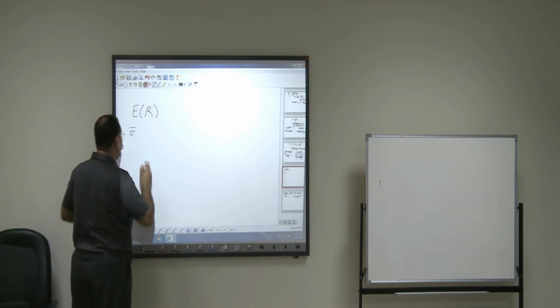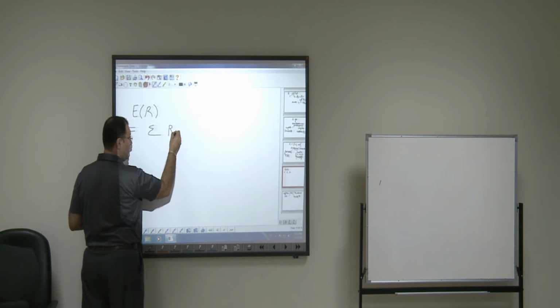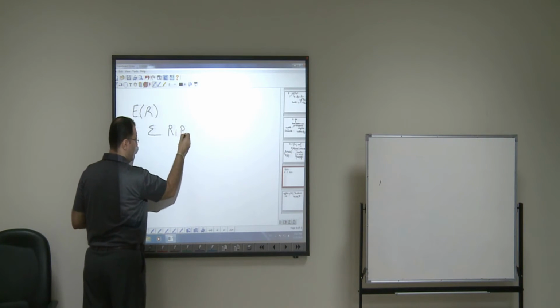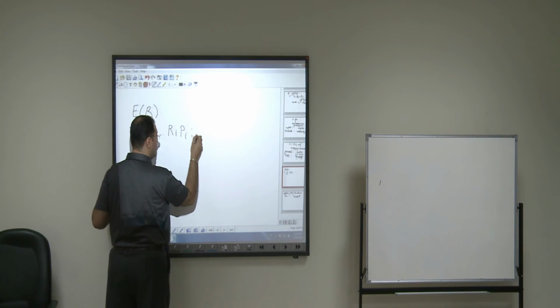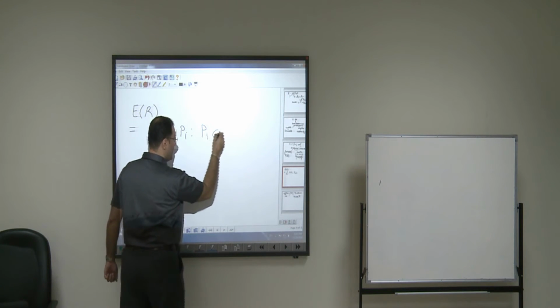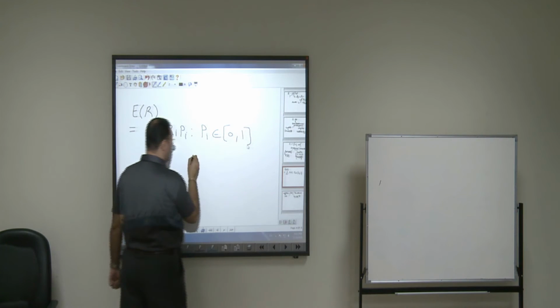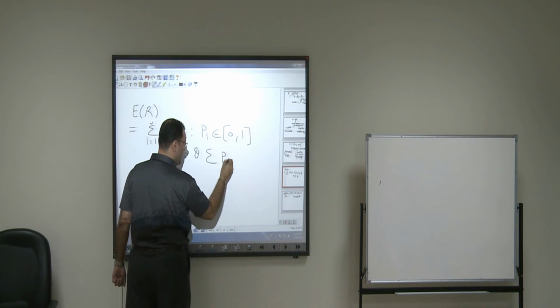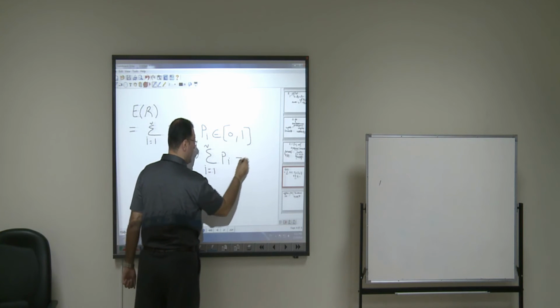The expected value, mathematically, is a sum. It's the summation of Ri Pi, as i goes from 1 to n, such that Pi is always between 0 and 1, and the summation of Pi as i goes from 1 to n is 1.